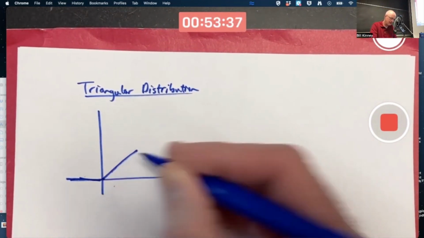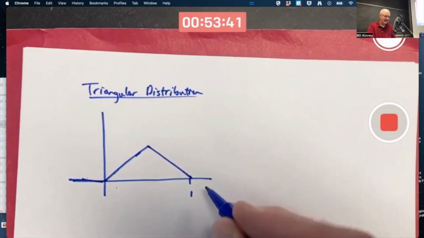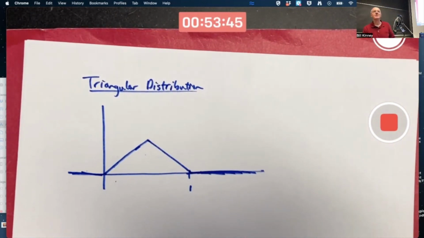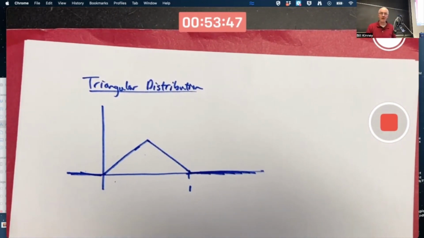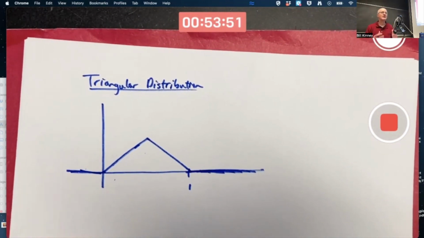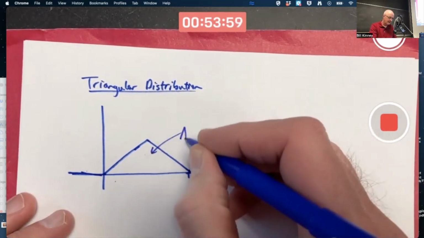The graph is going to look like a triangle. That's why it's called triangular distribution. And in fact, I'm going to make it an isosceles triangle. I'd like the total area under this to equal 1. That's what is necessary for it to be a valid probability density function. Want the area to equal 1.